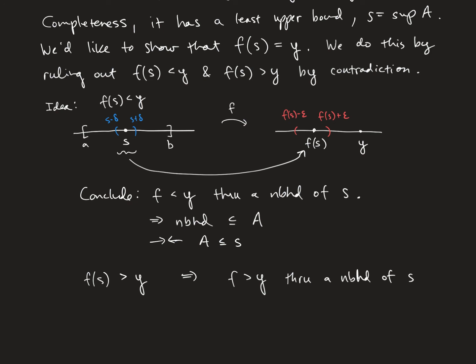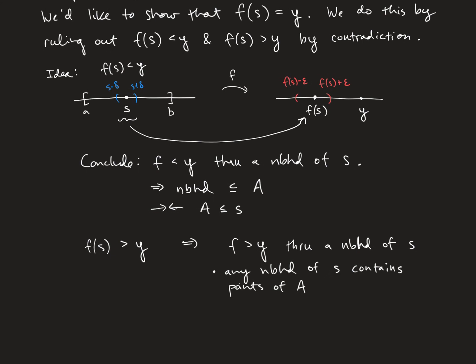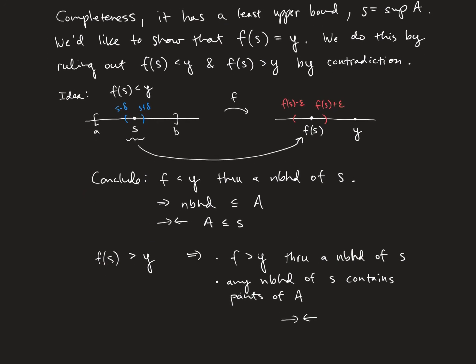But the problem with that is any neighborhood of S is supposed to contain points of A, since it's the least upper bound. So this is a contradiction. Because if there are points of A in this neighborhood, then f of those points is supposed to be less than y, but we just said that f is greater than y throughout this neighborhood. So that is the outline of the idea.